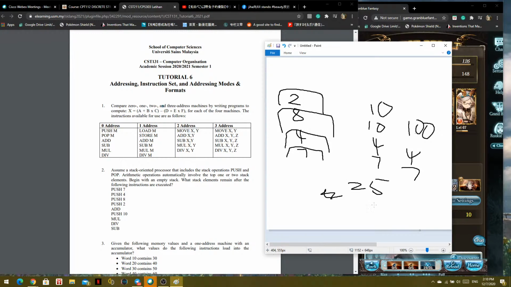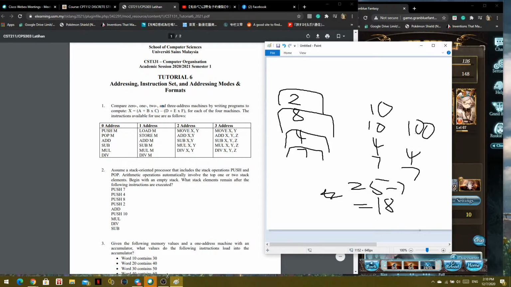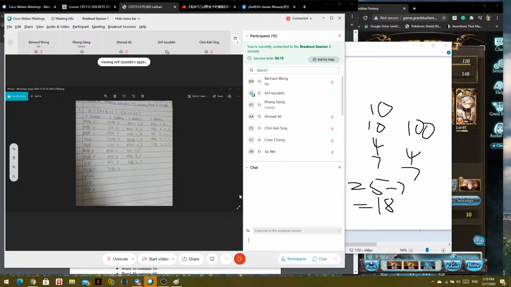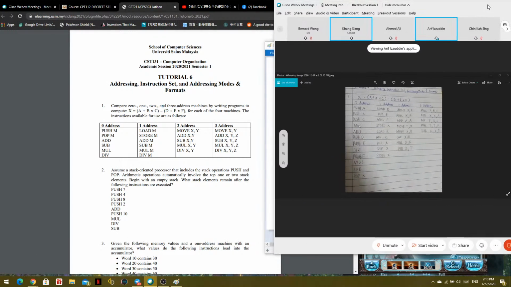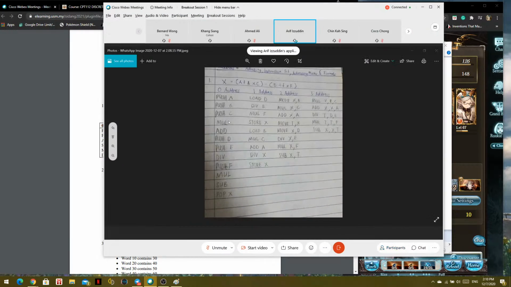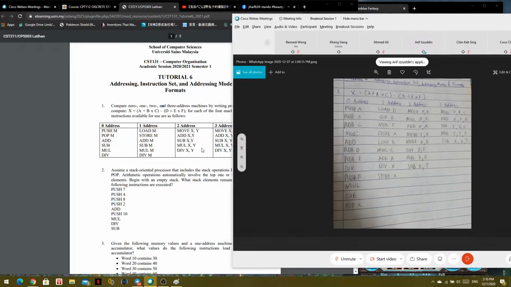This is for the zero address. I do the left part first. Push A into the stack, then push B, and then push C. Then I do multiply, so B will multiply with C, and then add.